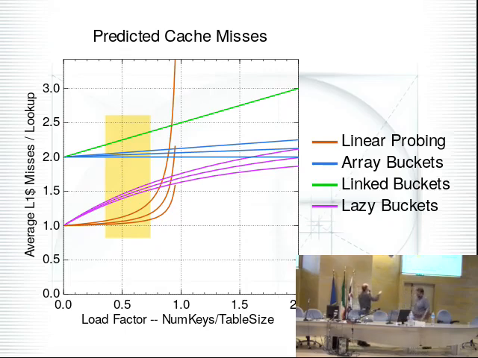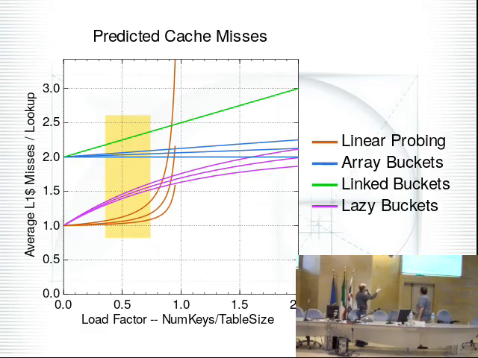Usually we only have this range that's in the yellow box that we're really interested in, because, for instance, Pharaoh goes to this point, which is 75% full table. And then basically grows the table to slightly more than double its size, which brings the load factor down to about here. So most of the collections fall in this range.